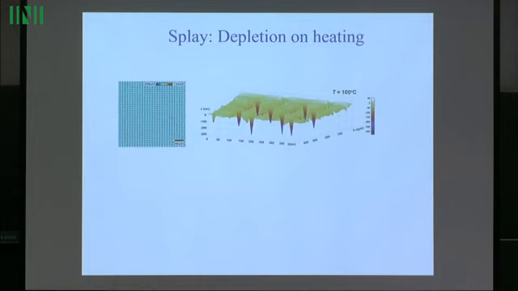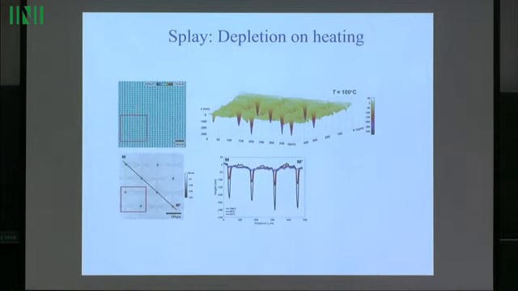It shows that the centers of +1 defects develop valleys or depletions, just negative amplitude changes in the profile. And again, it's rather deep. It's about a few hundreds of nanometers.